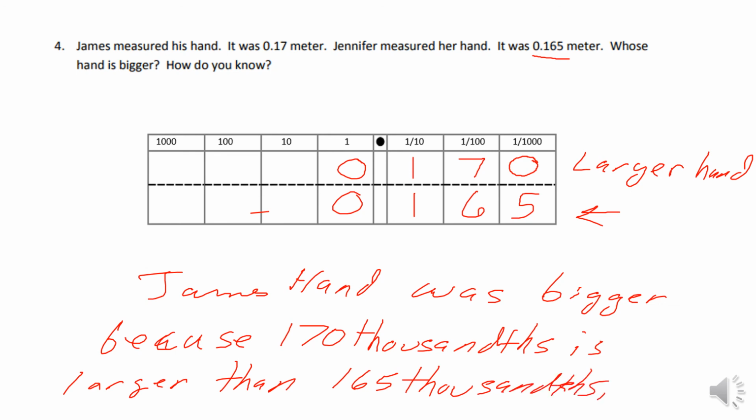Now, do you notice how I used unit form here in my explanation? It makes it a lot easier sometimes to write them down, and it's a lot easier to compare sometimes also.